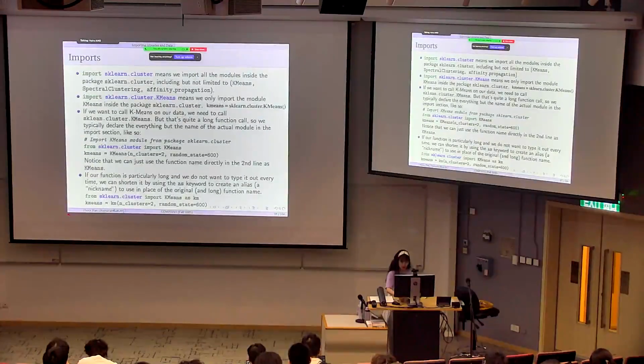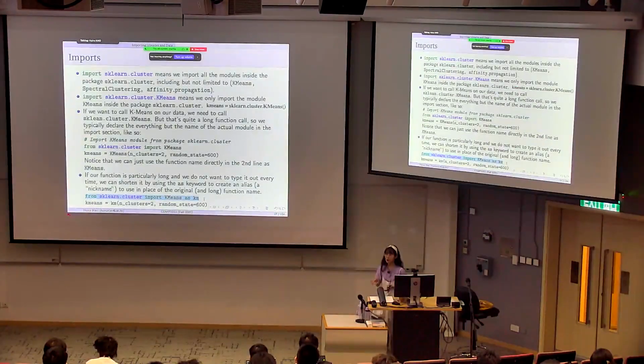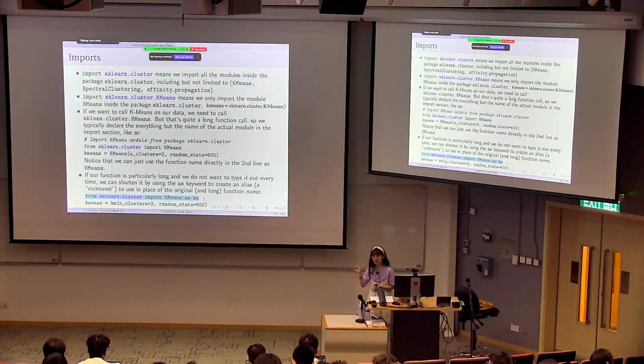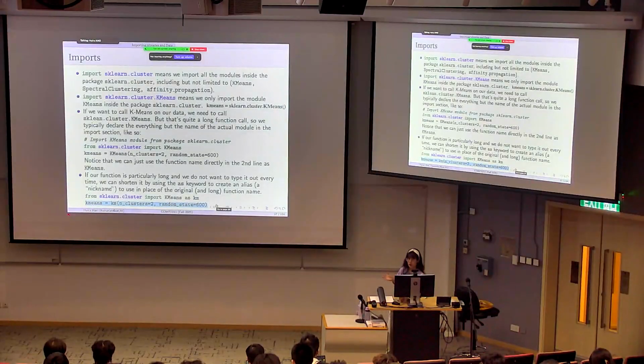So we do something like this: from scikit-learn.cluster import k-means as km. In this way, we create a nickname km to represent the real k-means. After that, if you want to create an object k-means, simply write something like that: k-means equals km followed by these parameters. You may find that it seems we have a new rule.